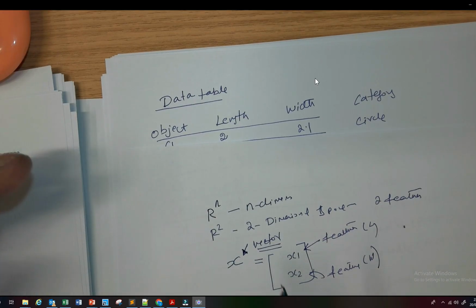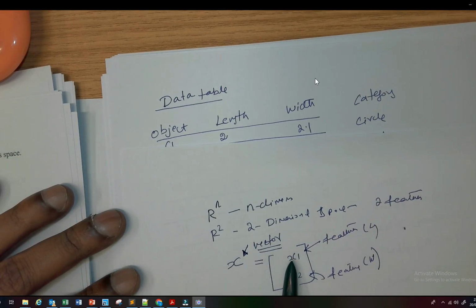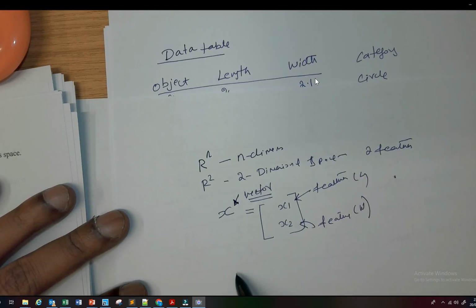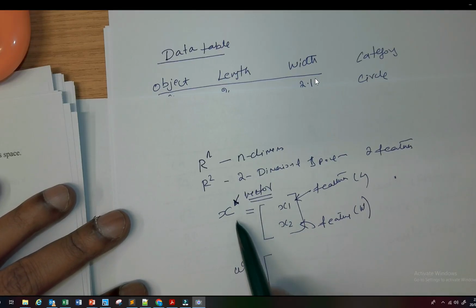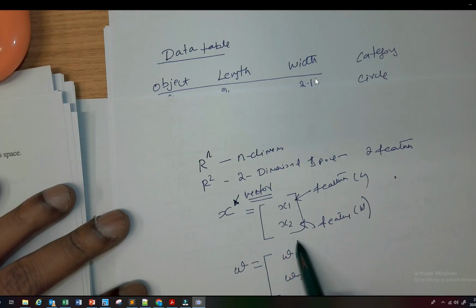Then what is this w? Since x is 2-dimensional, your vector w should have the same dimension as point x. It should be w1 and w2.